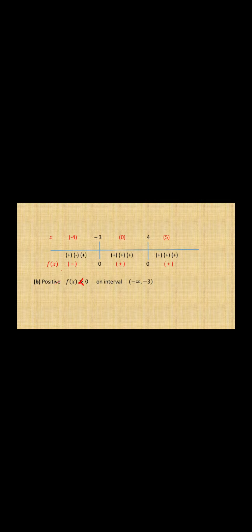So here it's negative. And here it's positive in another interval.